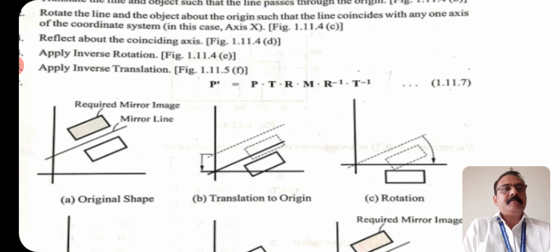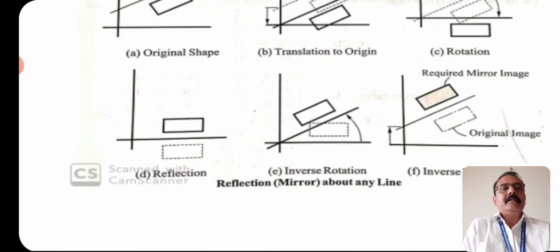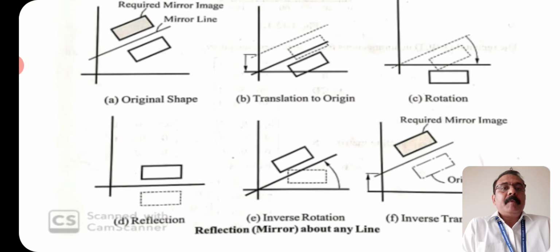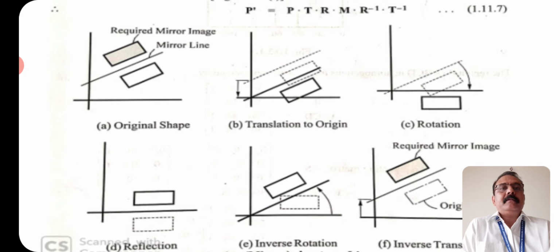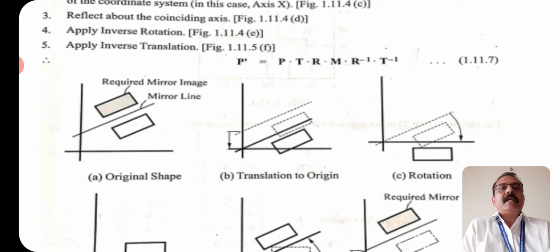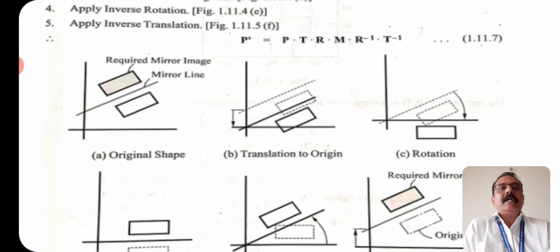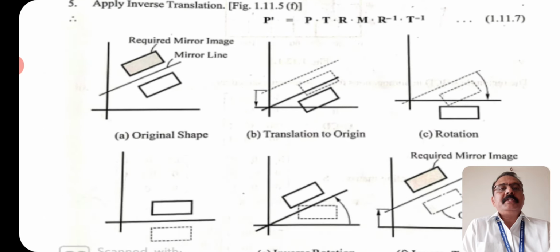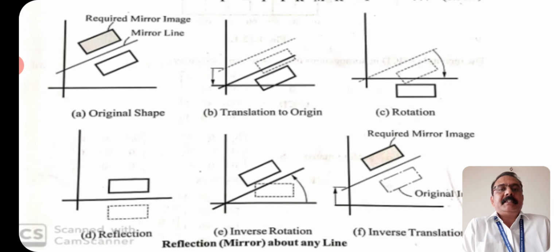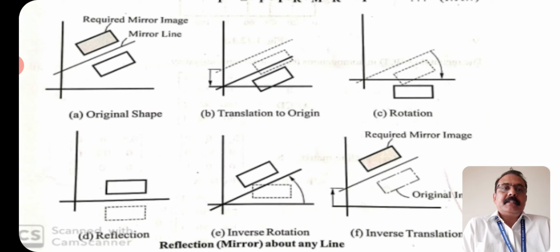Therefore the second transformation is rotation. Third is reflection. Now reflect the object about the coinciding axis. Here the coinciding axis is x. Therefore reflection occurs about the x-axis. Figure D shows the reflected object.